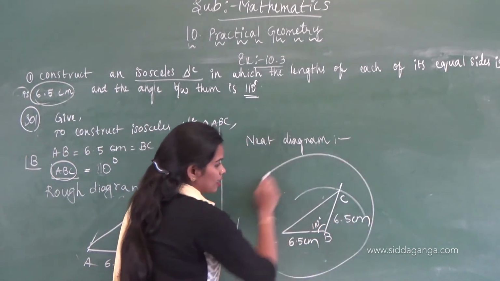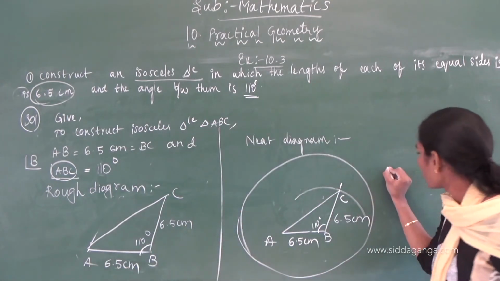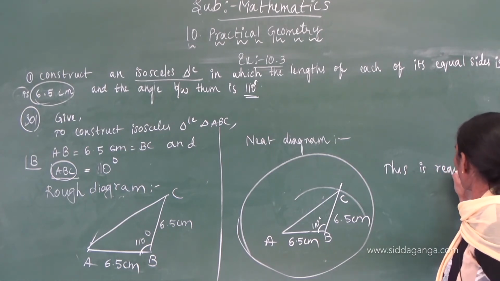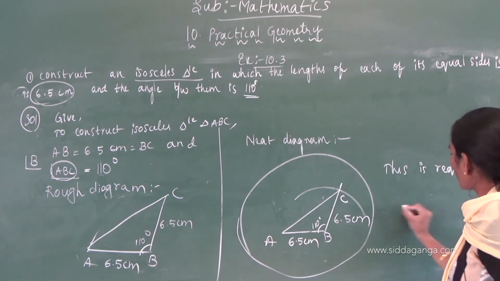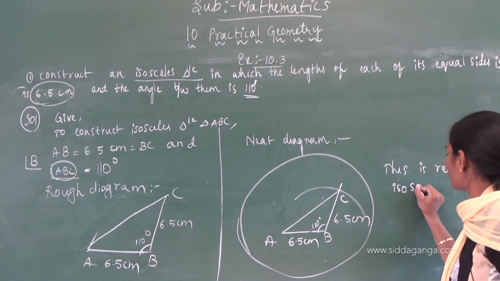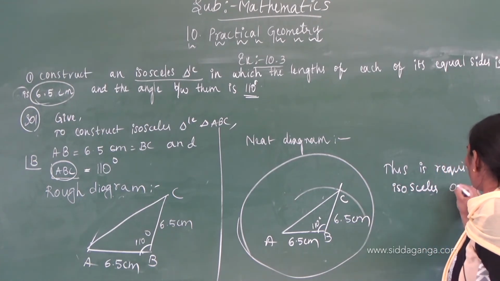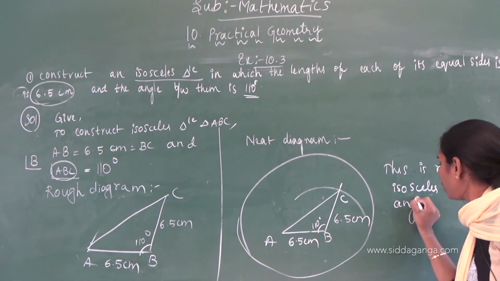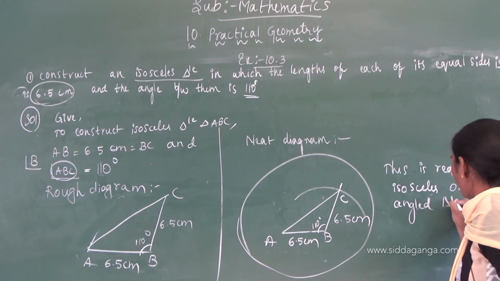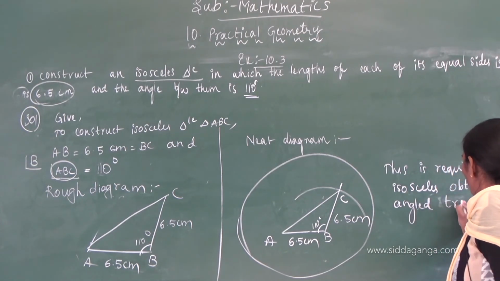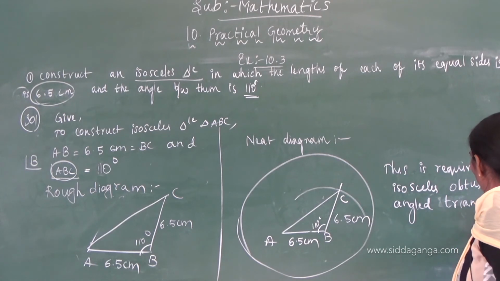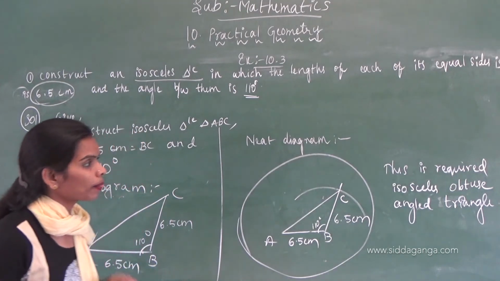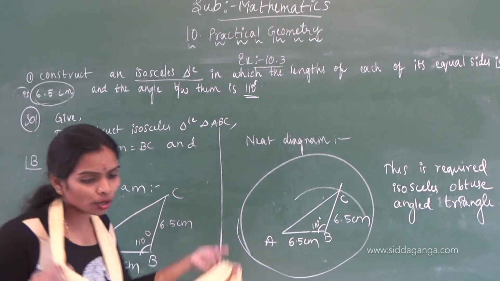This is the required isosceles obtuse angle triangle. Okay children, and then just move on to the next question.